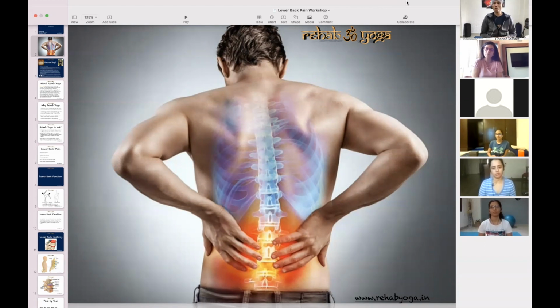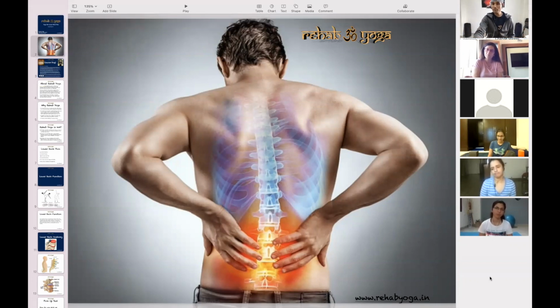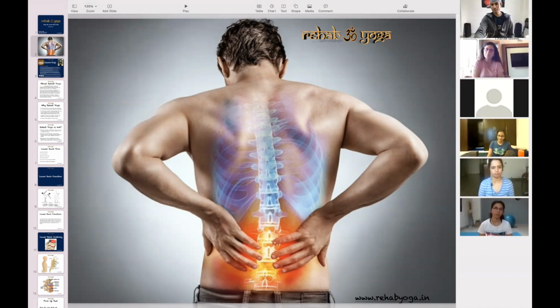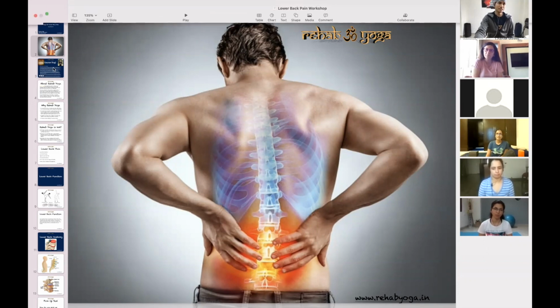Unless it is a trauma or accident, if someone has met with an accident or a severe injury to the lower back directly because of a fall or something, those are different cases, the fractures and other things. Apart from that, everything mostly starts from the same root cause. Cool. So we will see all those things now.